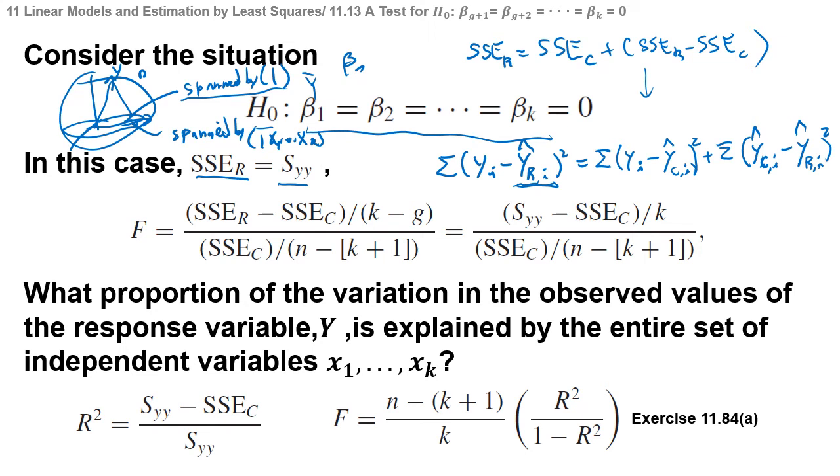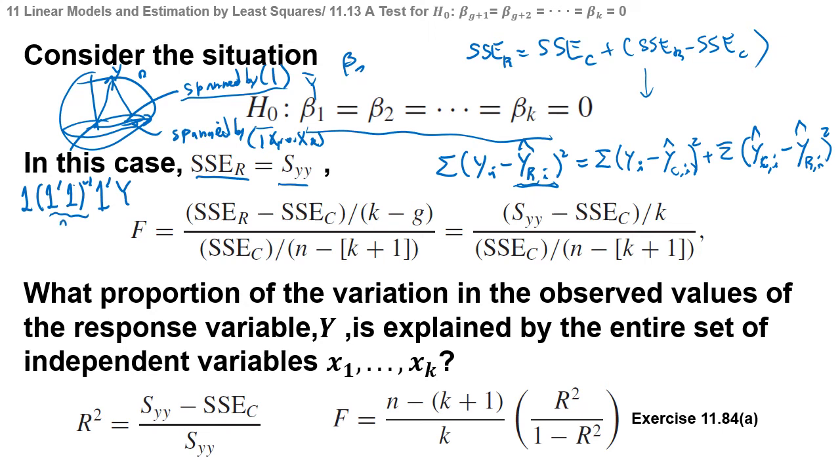So if you project your y to the space that is spanned by 1, that is 1 (1 transpose 1) inverse 1 transpose y, and here (1 transpose 1) inverse is 1 over n, since 1 transpose 1 is n.